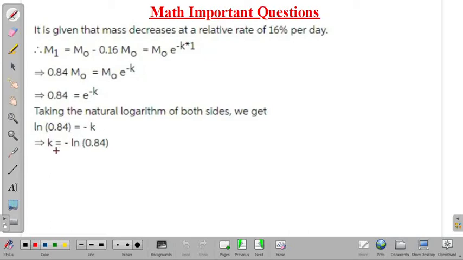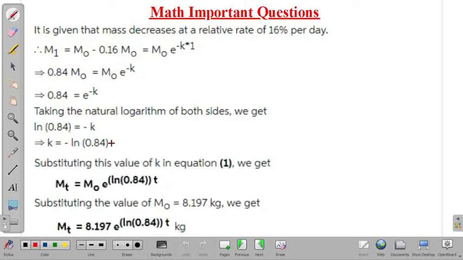From this, k equals minus ln of 0.84. Now we have the value of k. Substituting this in equation 1, our decay function is M(t) equal to m0 times e raised to the power, since it was minus k t, minus minus becomes plus, so ln of 0.84 times t.